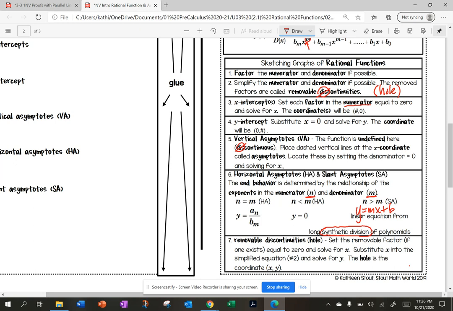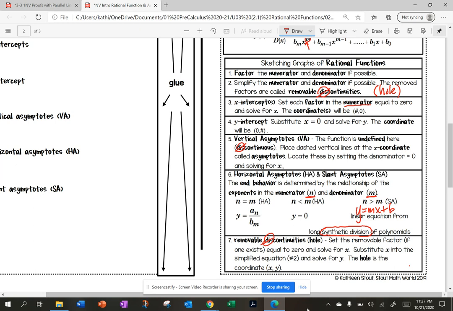So for the removable discontinuity, also known as a hole, I'm going to set the removable factor, whatever I could simplify that was in the numerator and the denominator, equal to 0 and solve for x. Then I'm going to substitute x into the simplified equation in number 2 and solve for y. This is where the hole will be. So I'll have a coordinate.